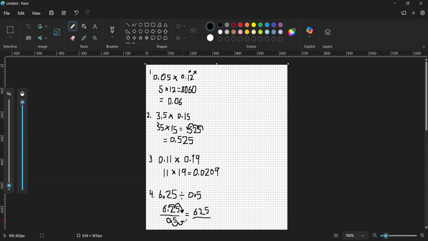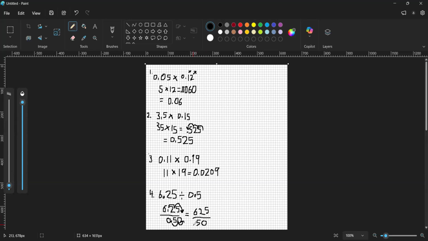And anytime there's no other number behind the number, just put a 0 there. So our question now looks like this: 625 divided by 50. Can you see that?